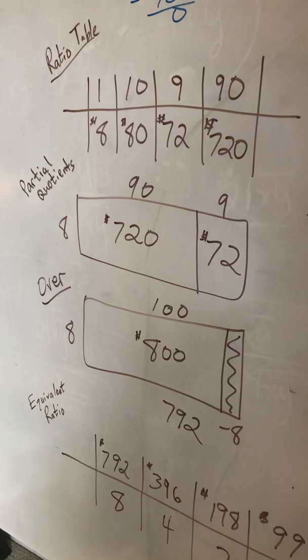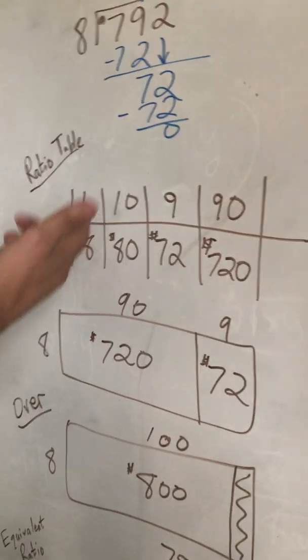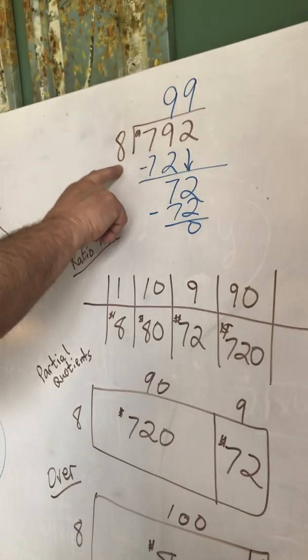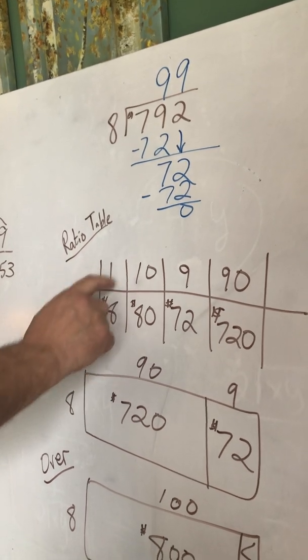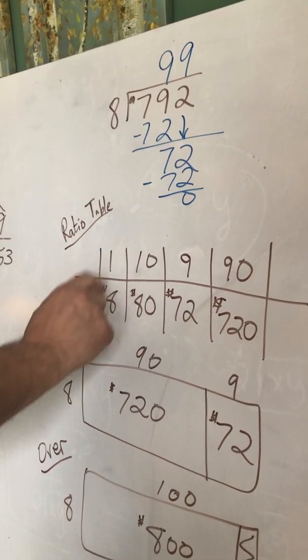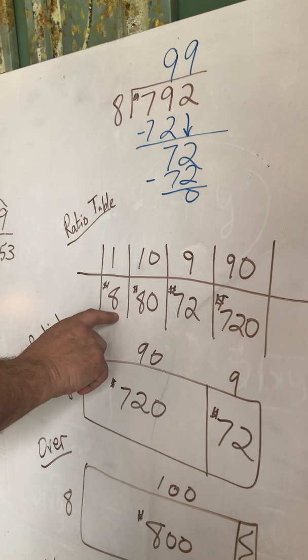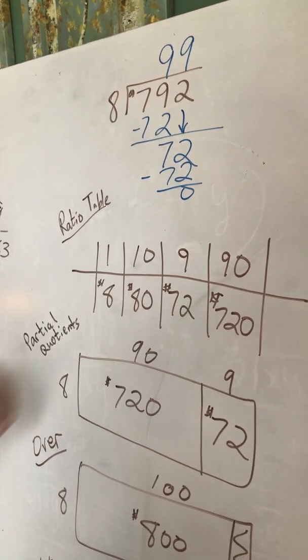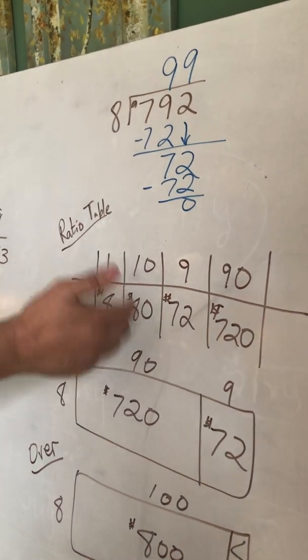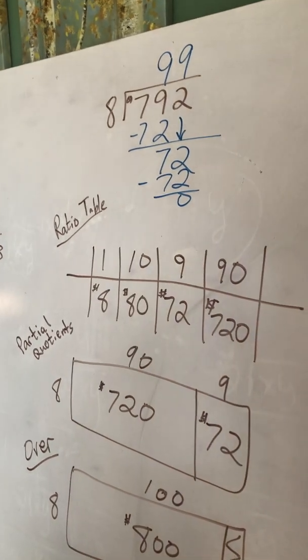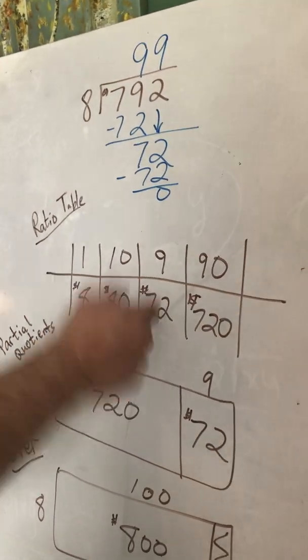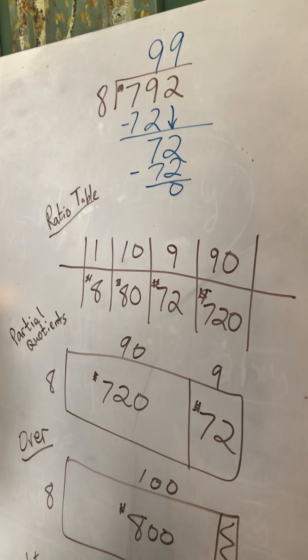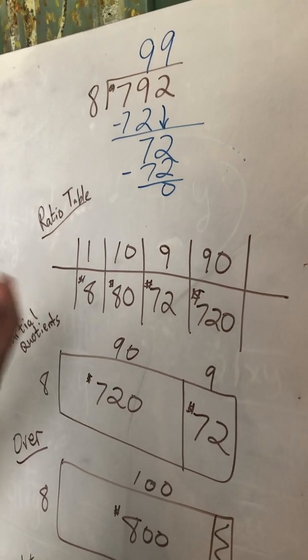So here's a ratio table. Remember, I took the divisor, and that's our ratio. So this is a times 8 ratio table. I always start with 1 times 8. Then I jump to 10. I'm like, whoa, I've got a ways to go, and I need something bigger.